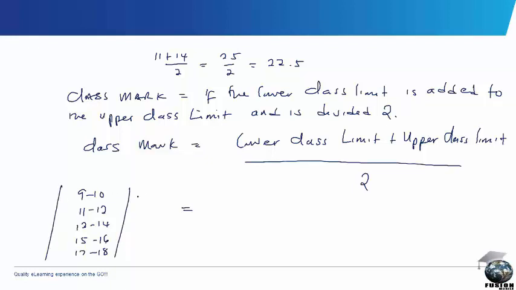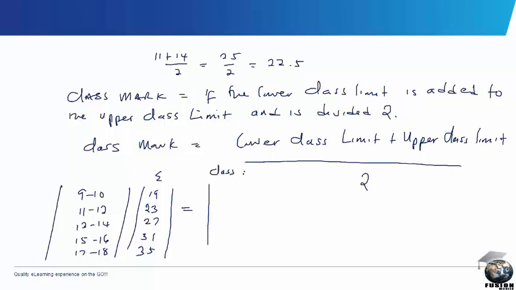Let's try summing this. 9 plus 10 gives you 19, 11 plus 12 gives you 23, 13 plus 14 gives 27, while 15 plus 16 gives 31, and then 17 plus 18 is 35, right?